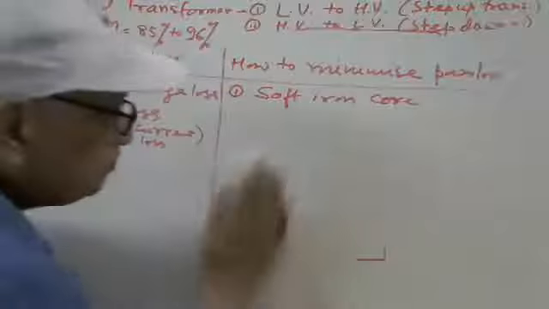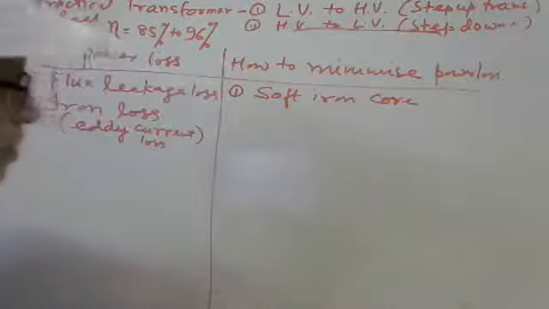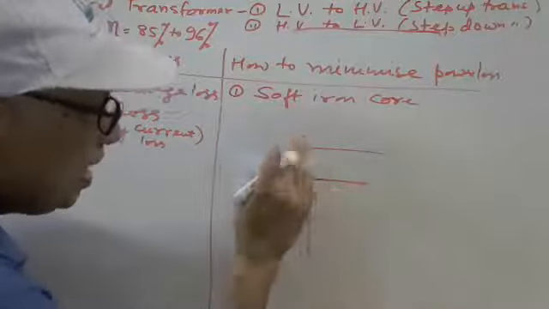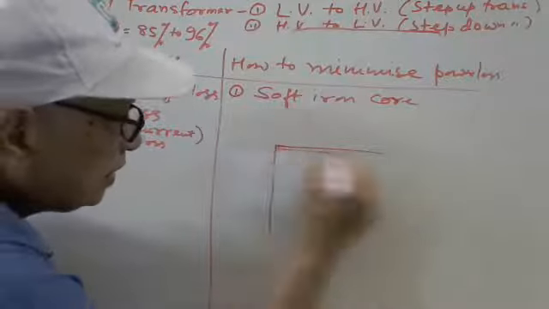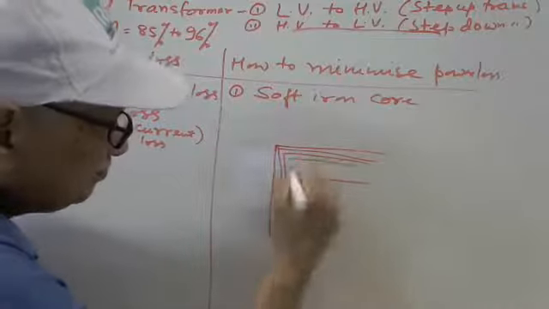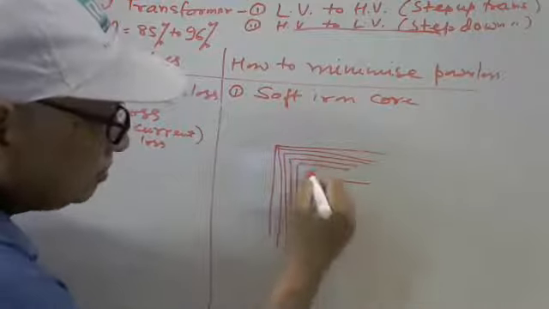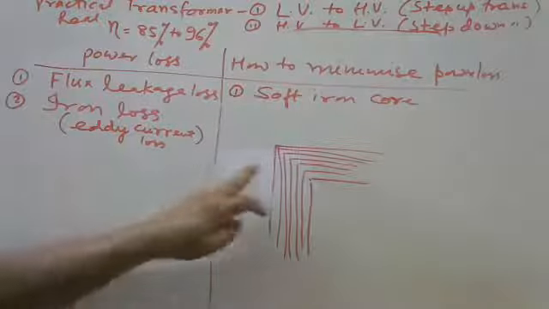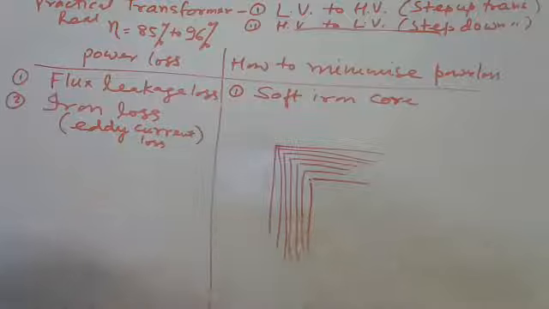Laminated means, suppose this is the solid one, and we cut it into thin plates. We take the thin plates and pack them again with nuts and bolts, so that it again becomes the thick one.